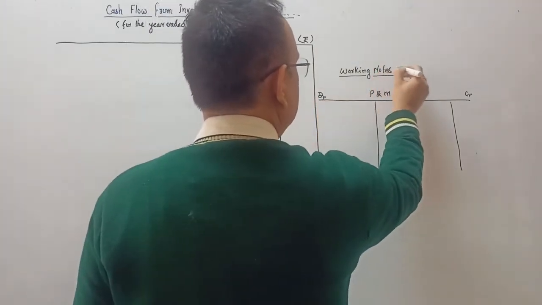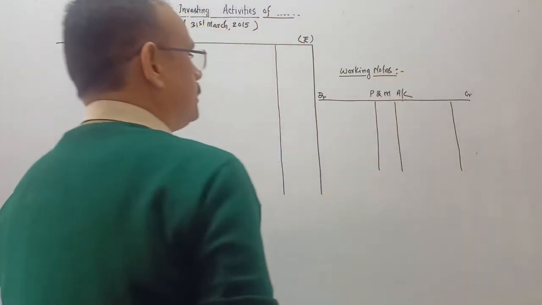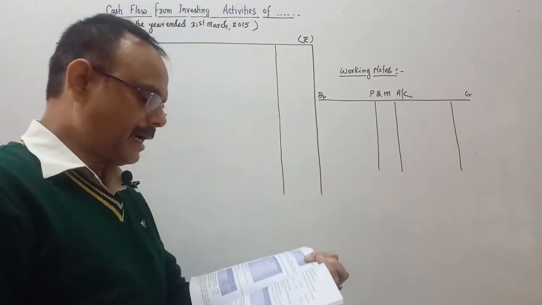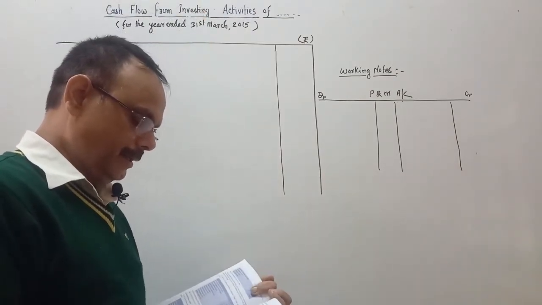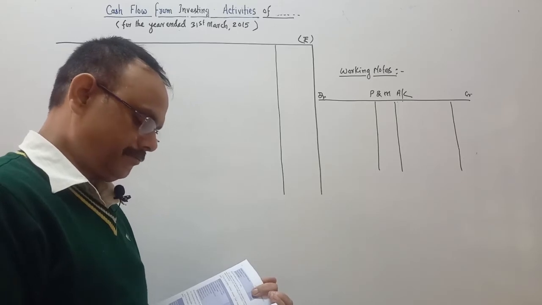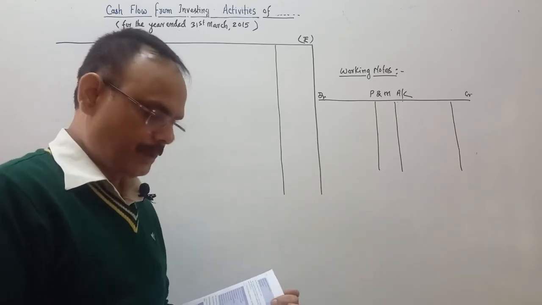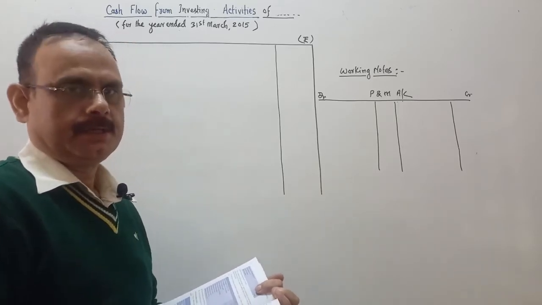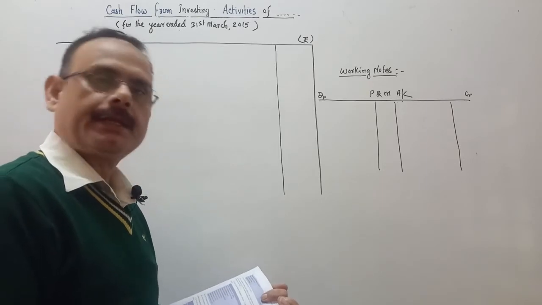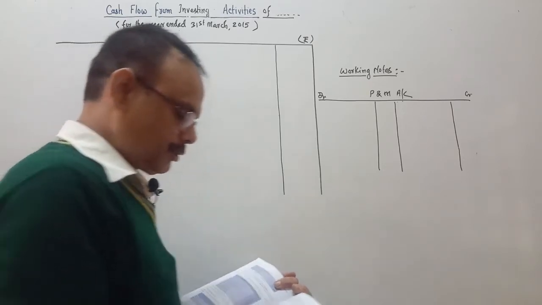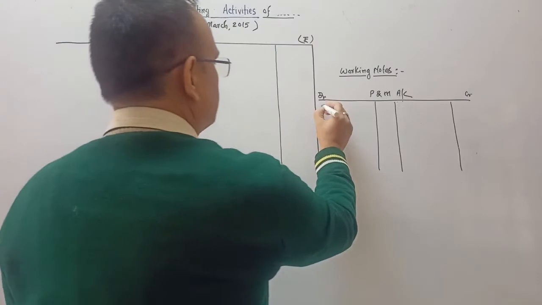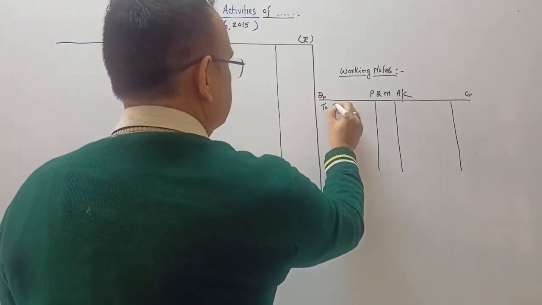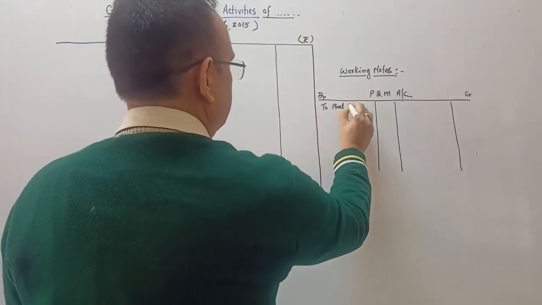See the information regarding plant and machinery: in 2014 it was 2 lakhs and in 2015 it is 3 lakhs. So the 2014 figure I am going to write here as balance brought down.